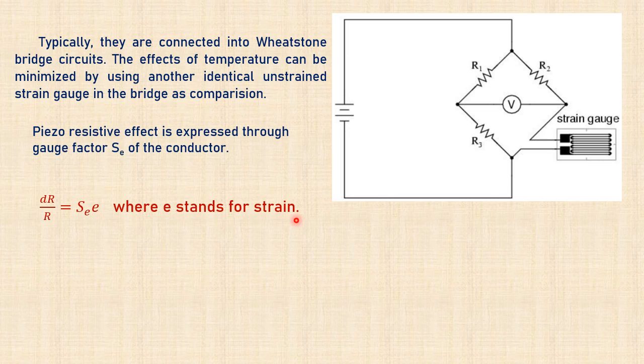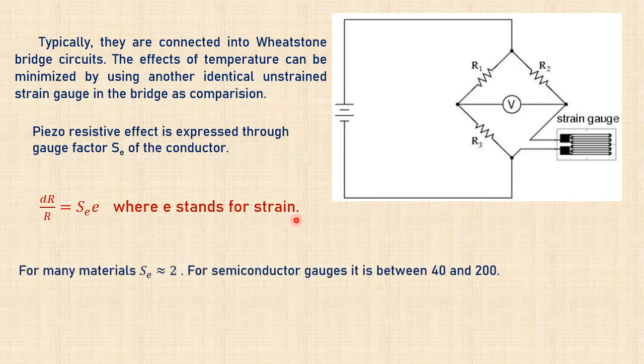So the gauge factor SE is nearly equal to 2 for many materials. And now we can go for a semiconductor material to make this grid pattern. Now for semiconductor gauges, it is between 40 and 200.